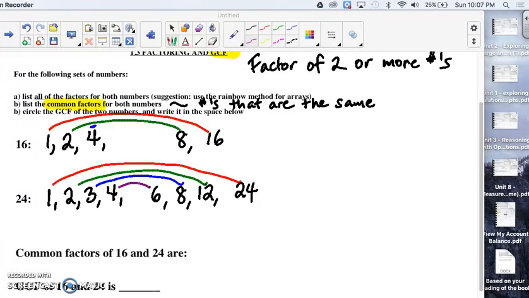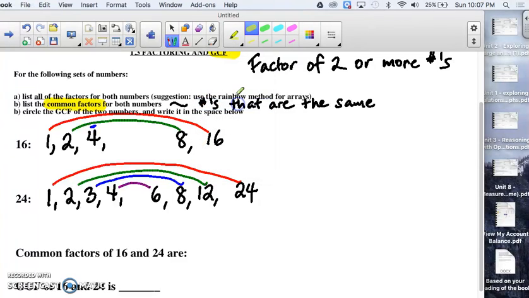So now we've listed all the factors of 16 and 24. So our next task is to list the common factors of 16 and 24. Just a reminder that the common factors are the factors that are the same across two or more numbers. So I'm going to take my yellow highlighter, and you can do the same as well. Take your yellow highlighter and highlight the factors that are common with 16 and 24.